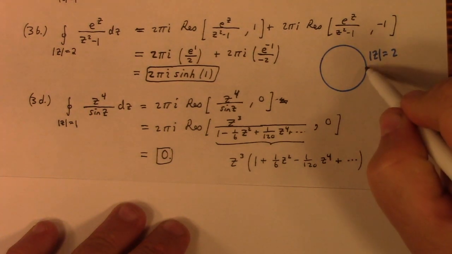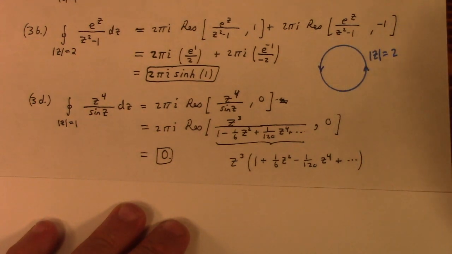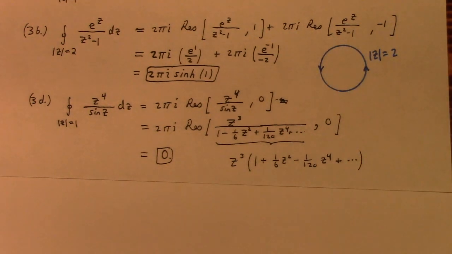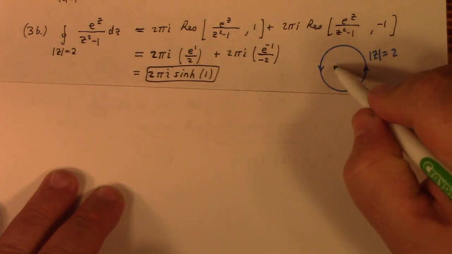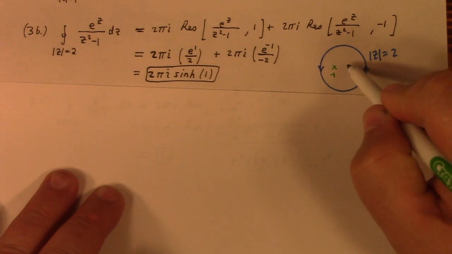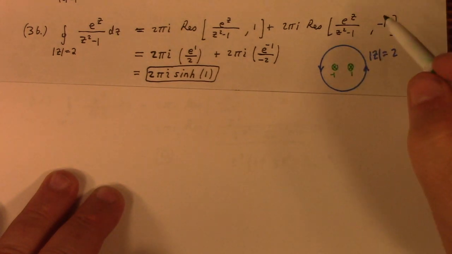We want to think about that in the counterclockwise sense. And you've got a pair of singularities in there, because z squared minus 1 is 0 at both minus 1 and 1. Those are your singularities.